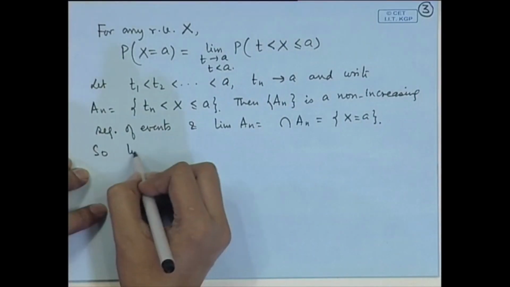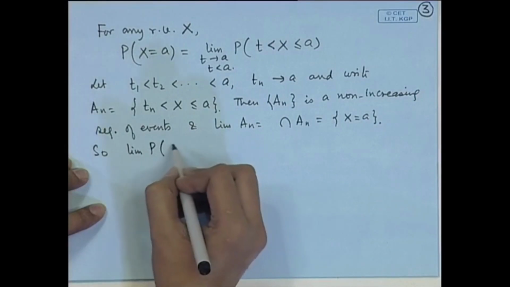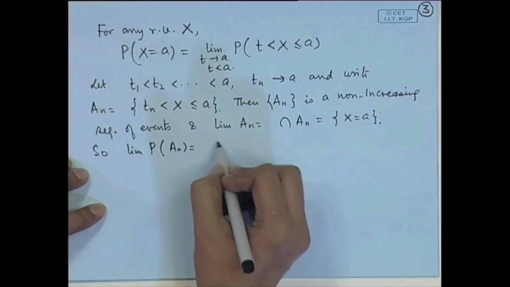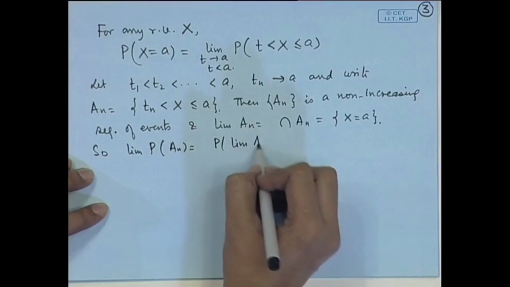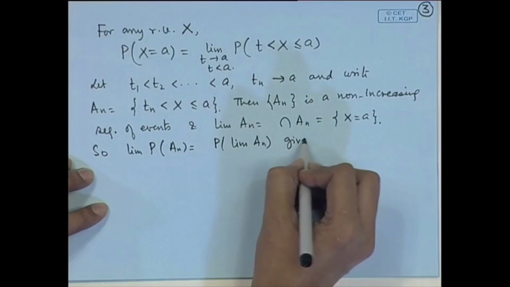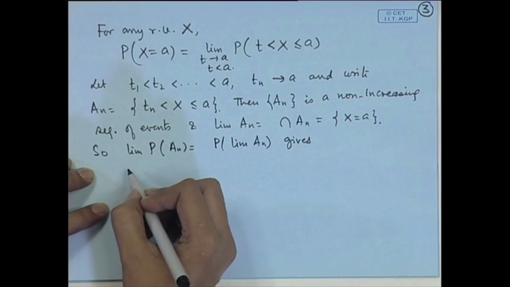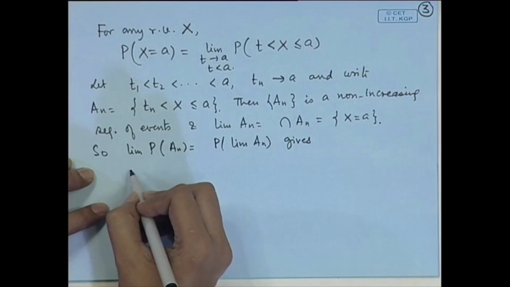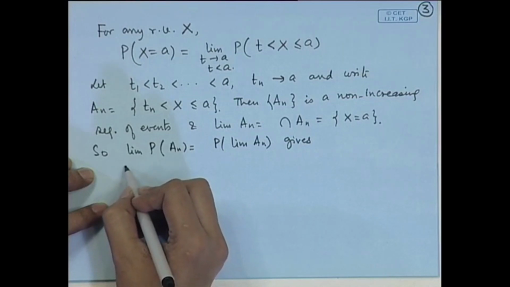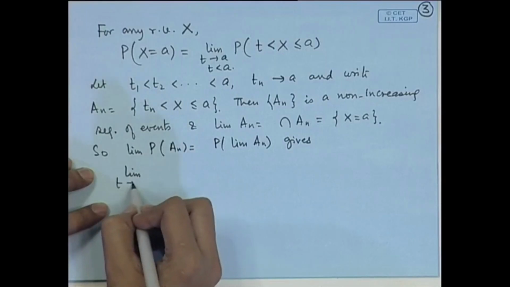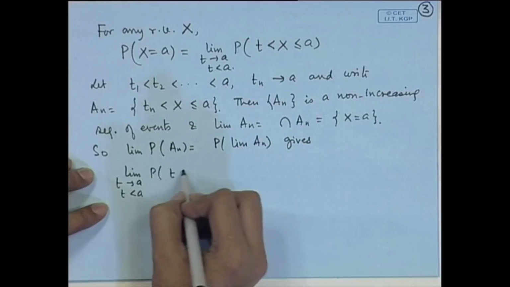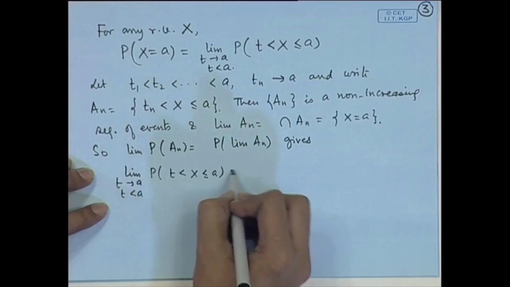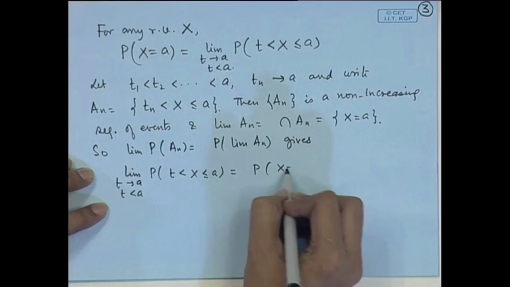So, the limit of the probability of A_n is equal to the probability of the limit of A_n. This statement is equivalent to the limit as t tending to a, t less than a, of the probability that t less than X less than or equal to a is equal to the probability that X is equal to a.